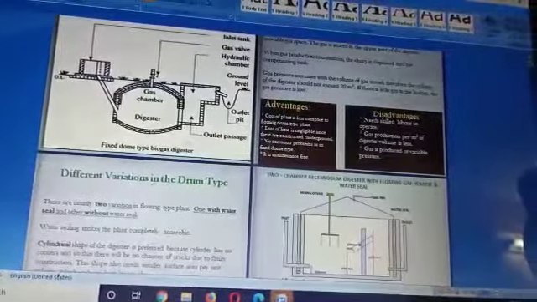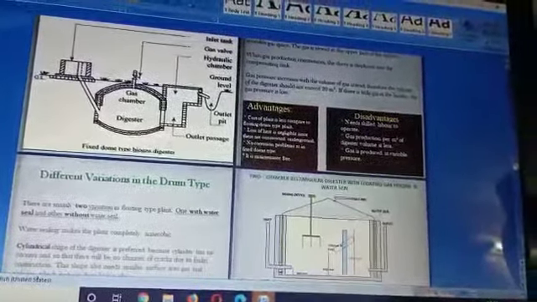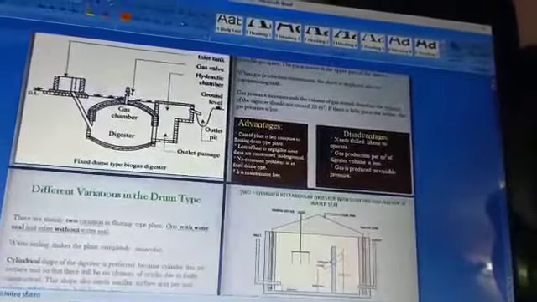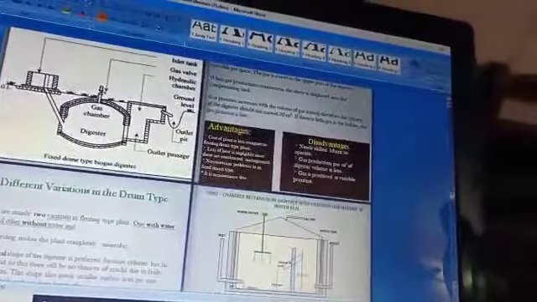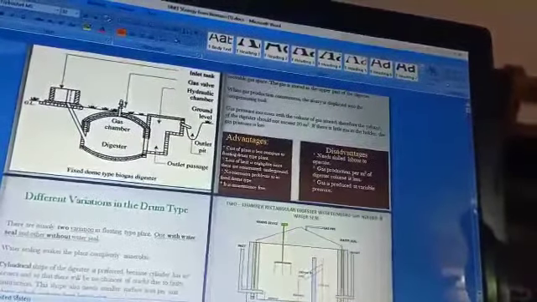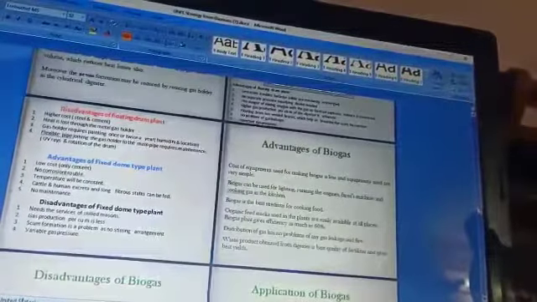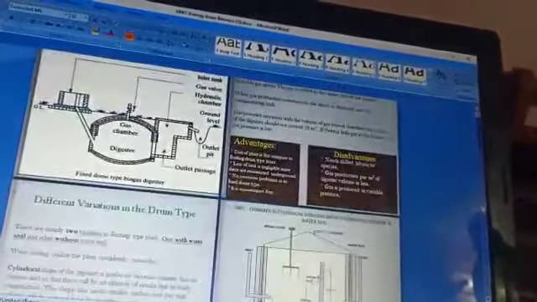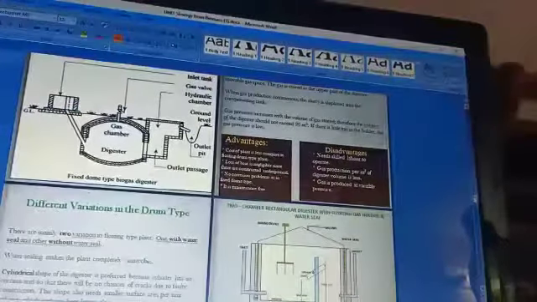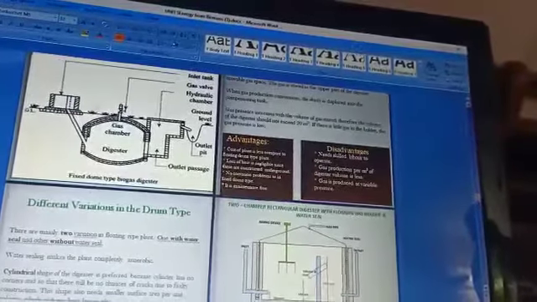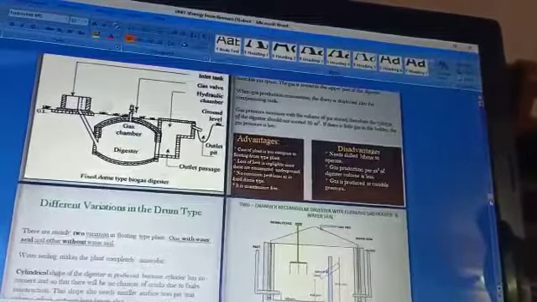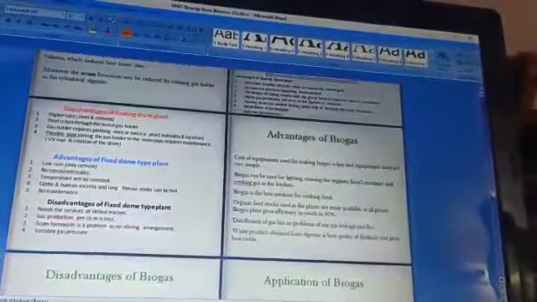Coming to the drums, you will have different types of drums: cylindrical, conical, shaped based on the requirement. Here you see them with seal and without seal of water, and also with cross sections like cylindrical, which has corners and cracks due to faulty construction.